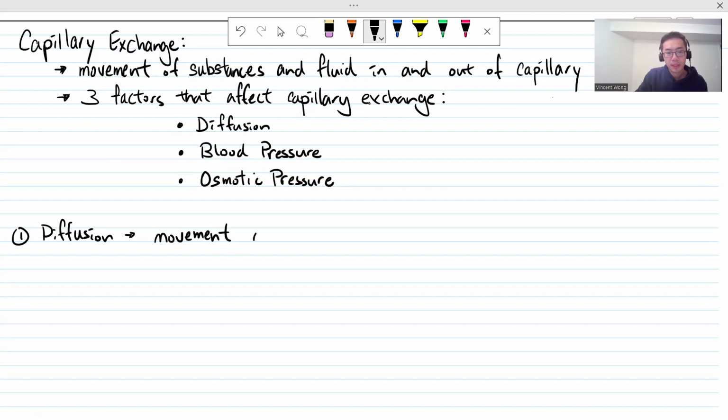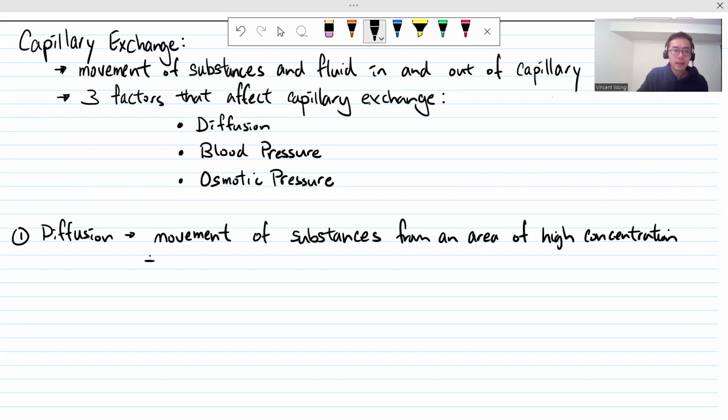Movement of substances, molecules, particles, from an area of high concentration to an area of low concentration. And it just happens on its own. No energy is required. It's spontaneous.